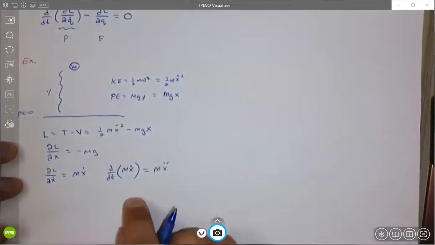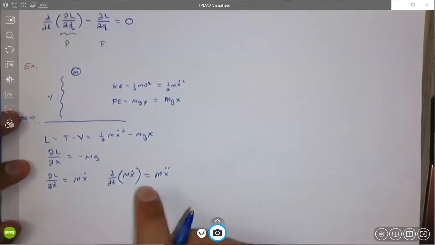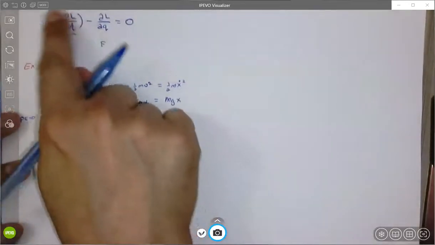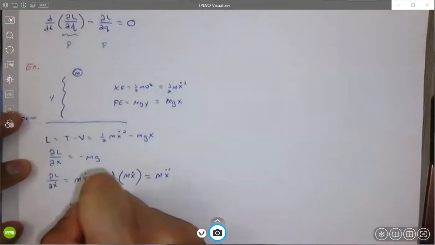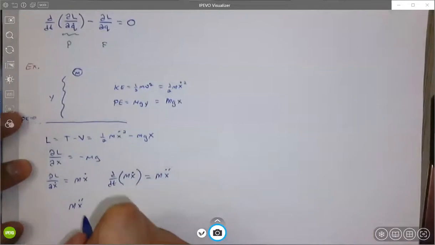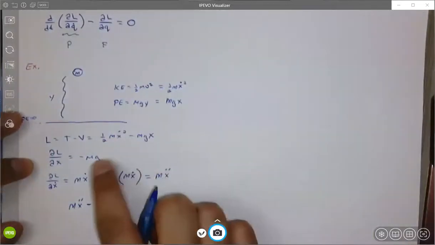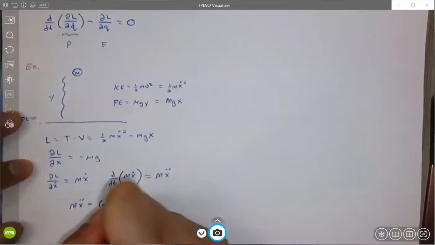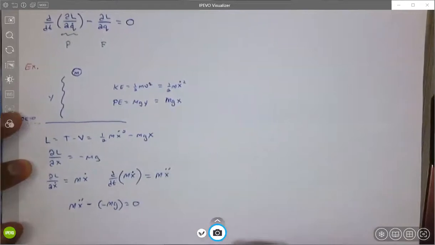And now we have basically everything we need for our Lagrangian equation. We're going to have this term right here, mx double dot, minus, because there's a minus sign, this term, which is negative mg, and that's going to equal 0.